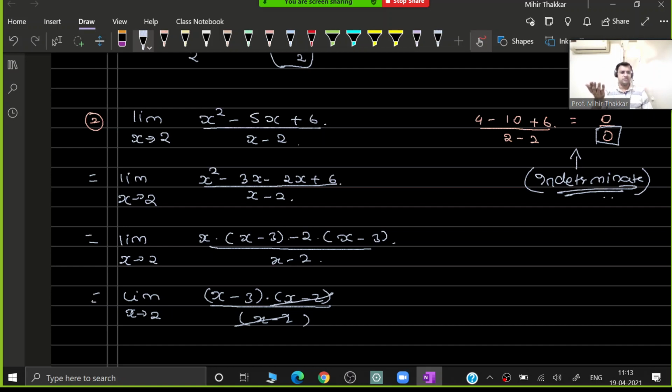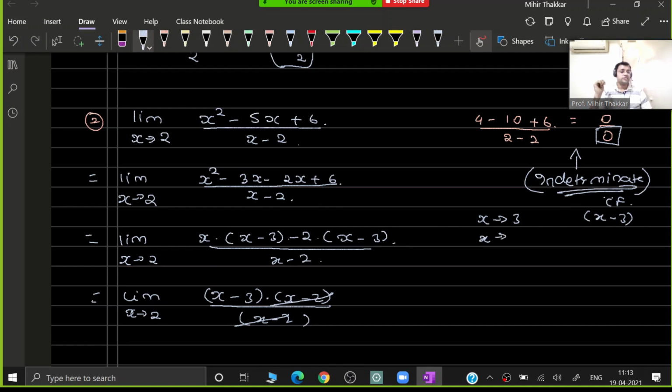Because it was the first question of this type, it was an easy one. Probably in some other questions you will come across factorization of both numerator and denominator, but the common factor does not change. The common factor always remains x − a, whatever the value of a. I told you in the beginning, again I am telling: if you have limit as x tends to 3, then the common factor (CF) will be x − 3.